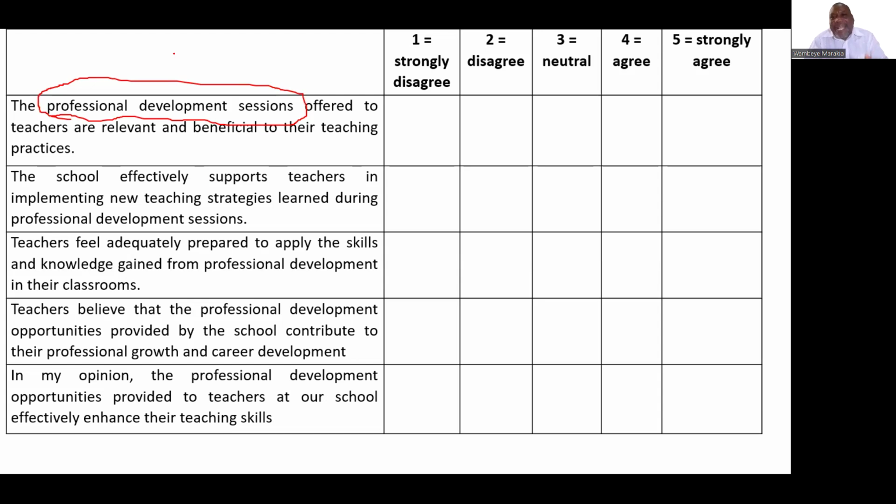This becomes an interval scale because we are using equal intervals. So here the respondents are going to assign values in agreeing with the statements that we have given here. For the first question, we're asking whether the professional development sessions are beneficial or not.